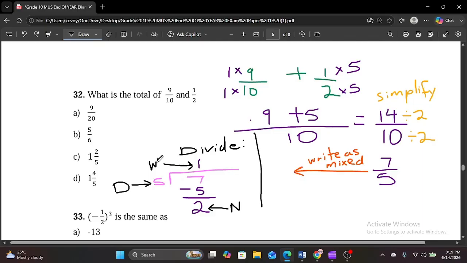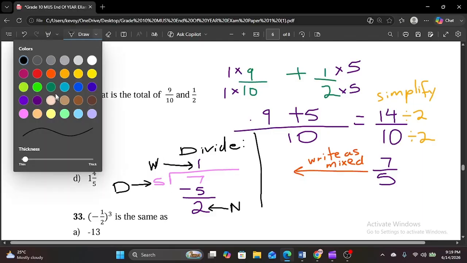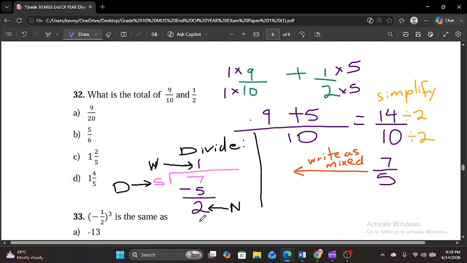So writing it out, the numerator is going to be 2, the denominator is going to be 5, and the whole number is going to be 1. And you can always test it out. 1 times 5 is 5, plus 2, 7 over 5. So it should be the same thing. So your answer is going to be C.